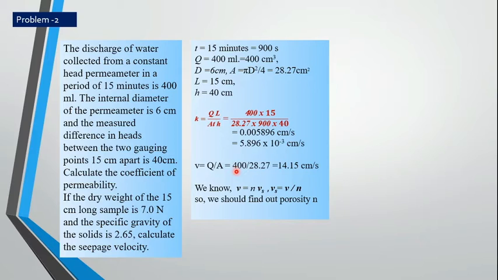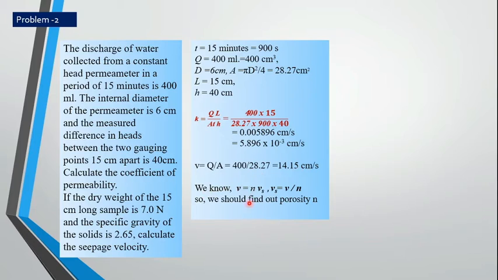This Q is 400 cc divided by cross-sectional area 28.27. So the velocity of the flow is given to be 14.15 centimeters per second. So this is superficial velocity.